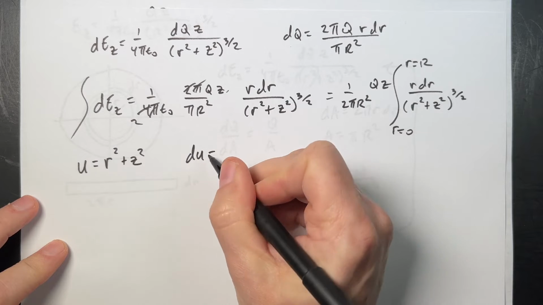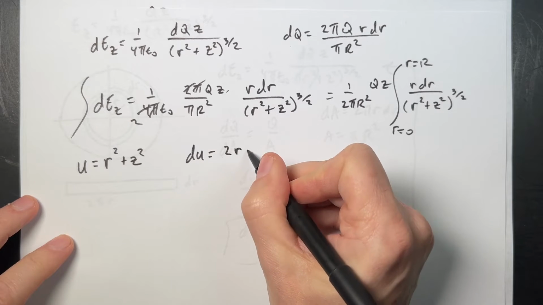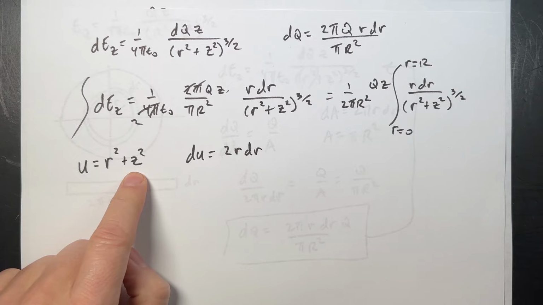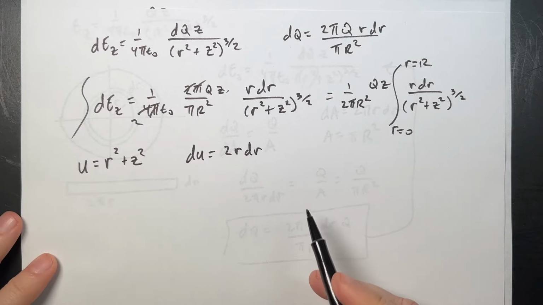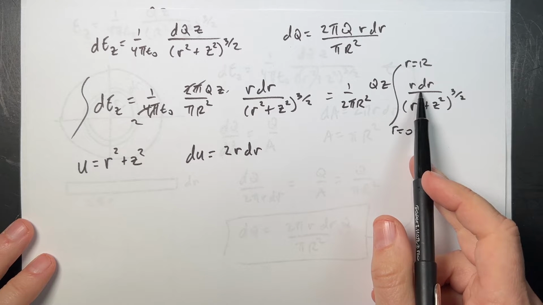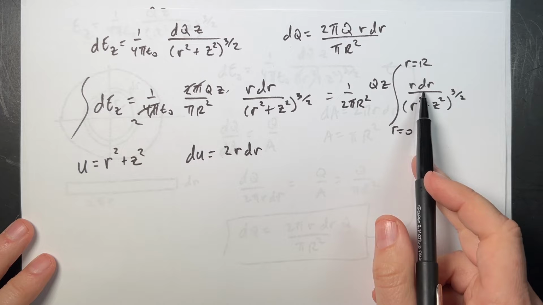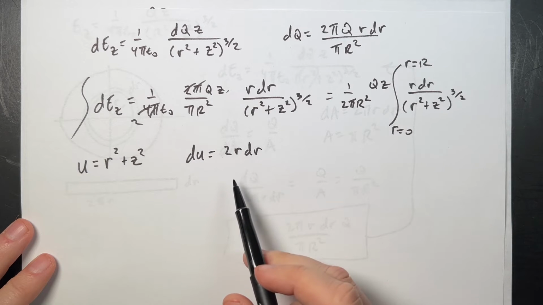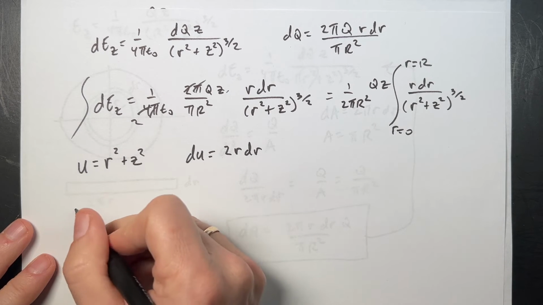Then du is going to be equal to 2r dr. Z is a constant, so it goes away. So that means that this r dr is going to be 1/2 du, because let's divide both sides.